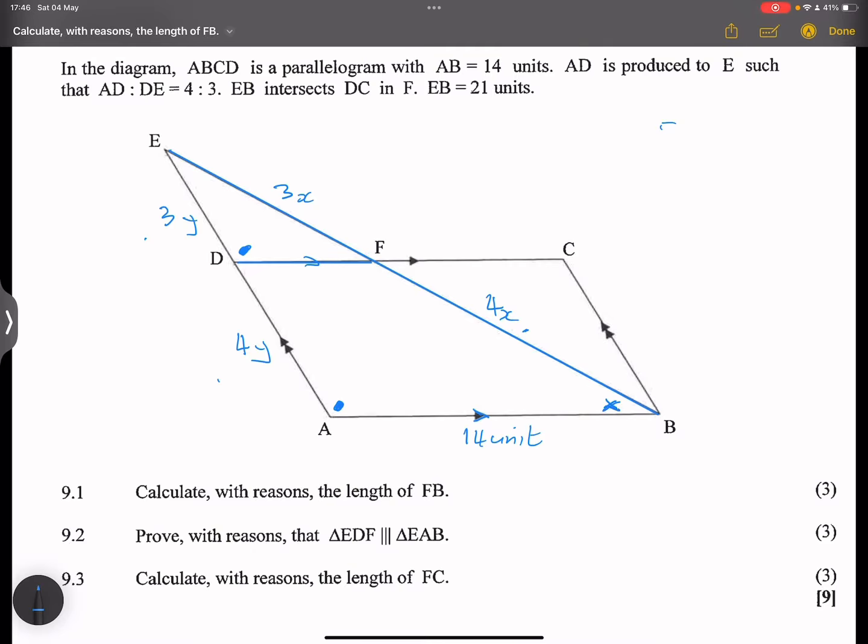This angle here, EBA, will be equal to EFD, right? And we note that this angle here would be common between them. And as a result, they would be similar. And by the way, why are those angles equal? Because of corresponding angles. And again, those angles are equal because we've got corresponding angles.